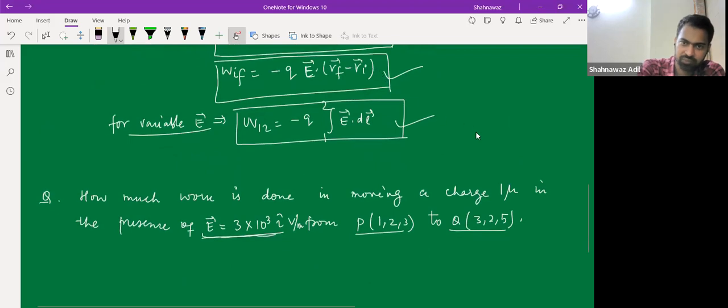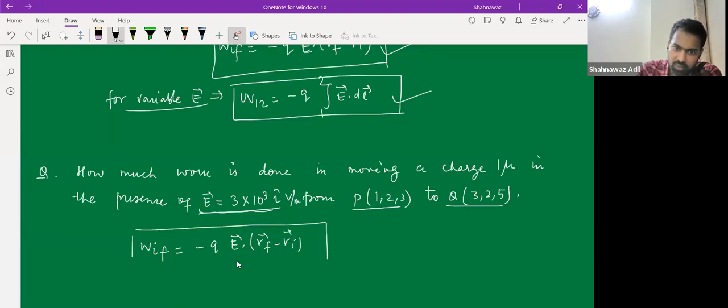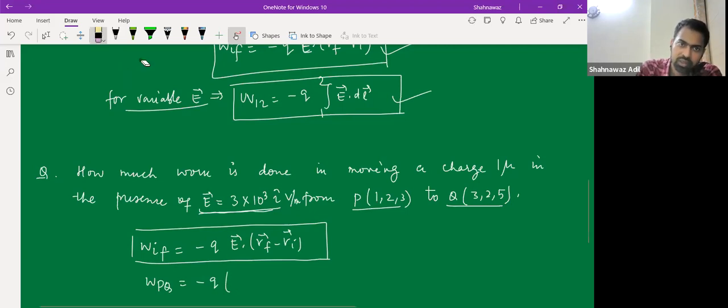We know work done from initial to final is minus Q E dot (R final minus R initial). Initial point is P, final point is Q. So this would be minus Q E dot (R final, which is RQ, minus R initial, which is RP).